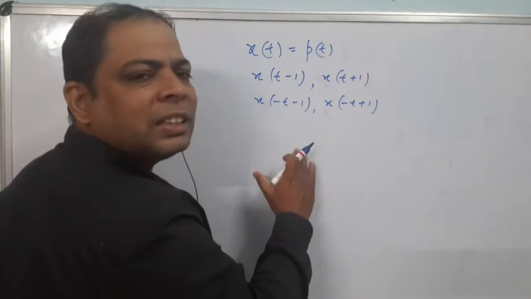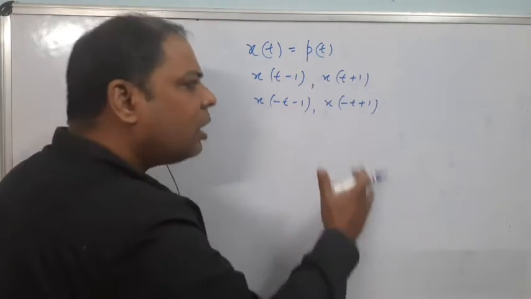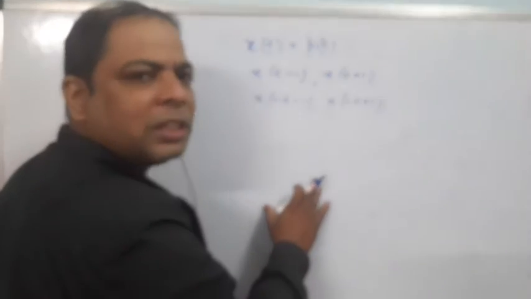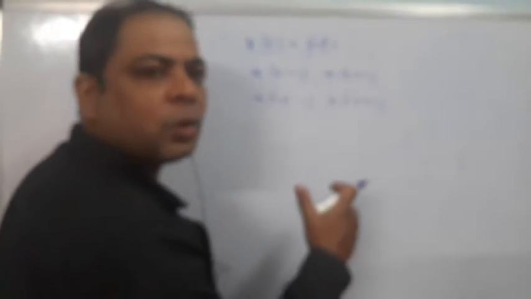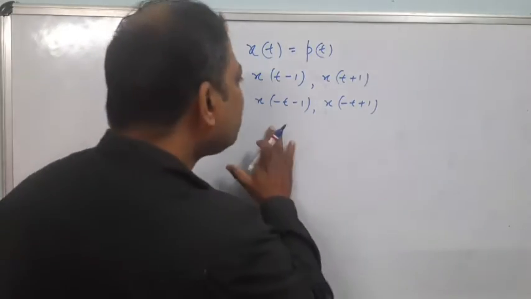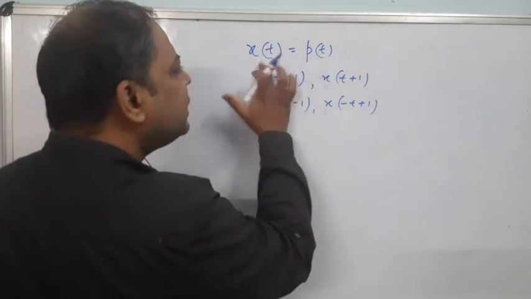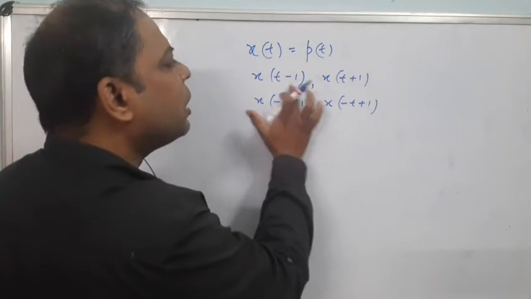After completion of these time operations, I will solve some questions based on the composite operation, all the operations at a time made up of the signal, then how the shape of the signal will change, that also I will cover. Okay.